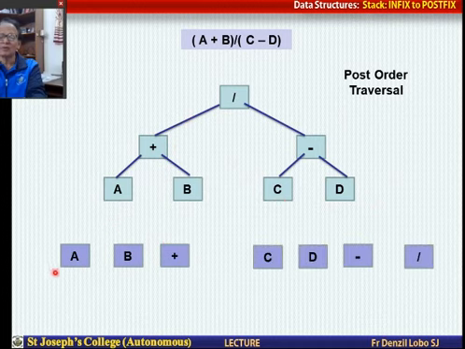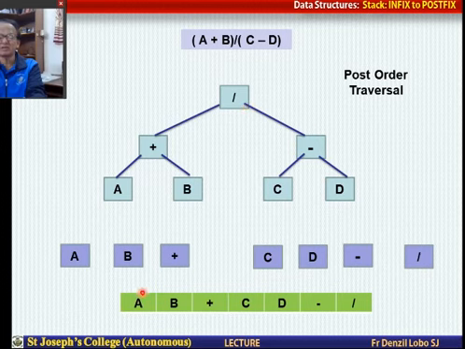So this becomes the post order traversal, and this gives us the postfix expression of this infix expression. As you see, ab plus cd minus divided by. So this is how you can also use the tree structure to arrive at the postfix expression by doing the post order traversal of the binary tree.